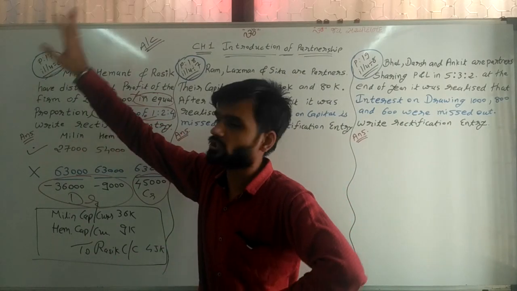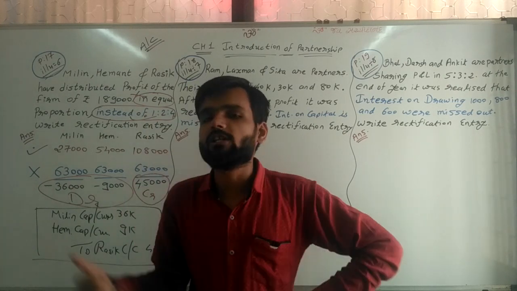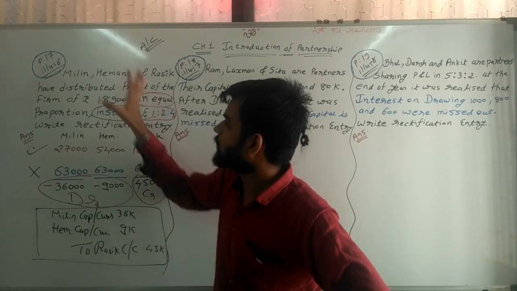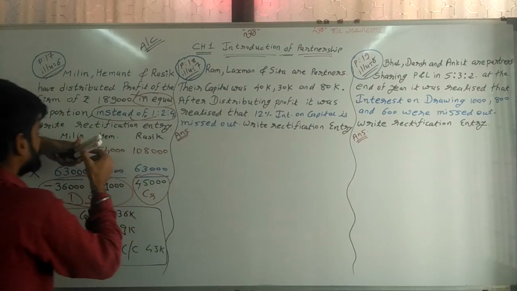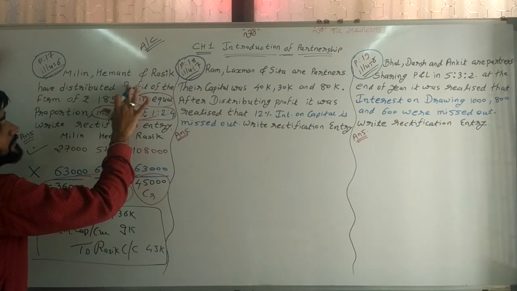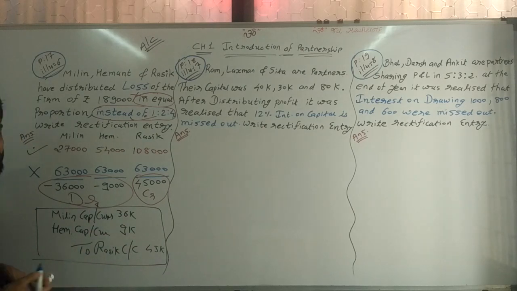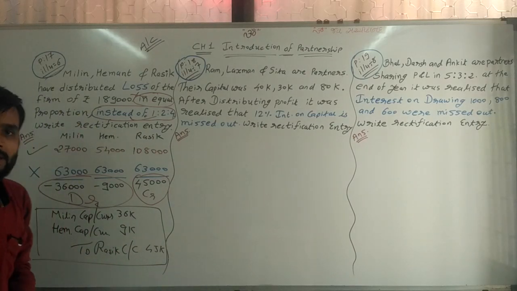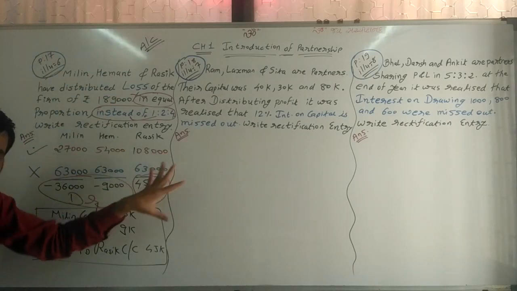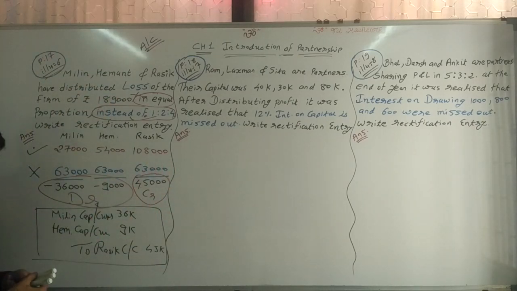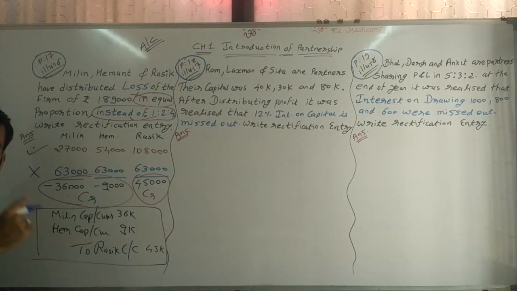So illustration number 6 is completed. But I can make a second question on this basis. Here, I am only changing profit. Instead of profit, I can write loss here. And in this question, if loss is there, then the calculation remains the same. But instead of debit, we are doing credit.